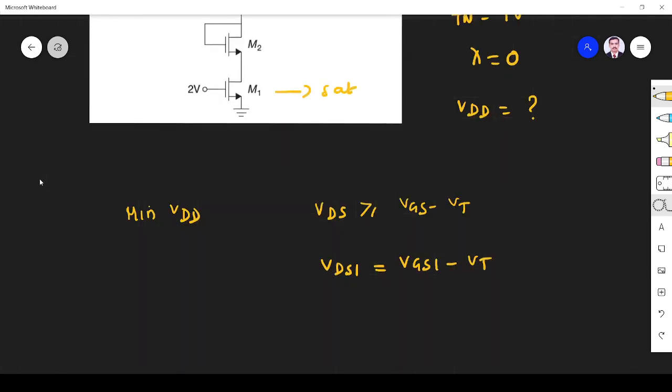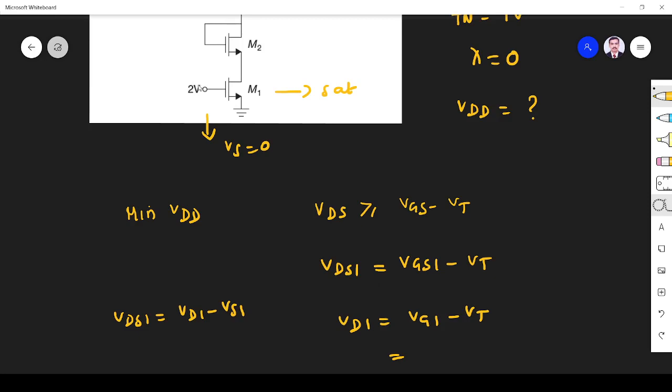From the diagram, source is 0, that is VS is 0. So I can write VD1 equal to VG1 minus VT, because VDS1 is nothing but VD1 minus VS1. So VS is 0, so VD1 only. Similarly, VGS1 is VG1 minus VS1, and VS1 is 0.